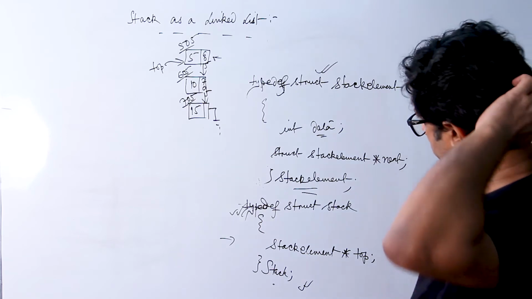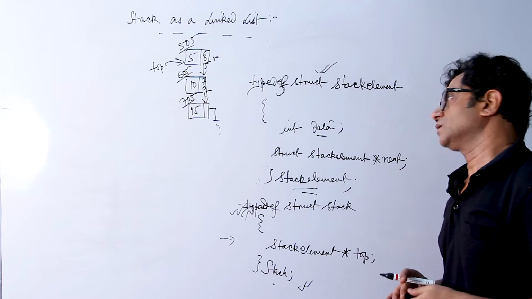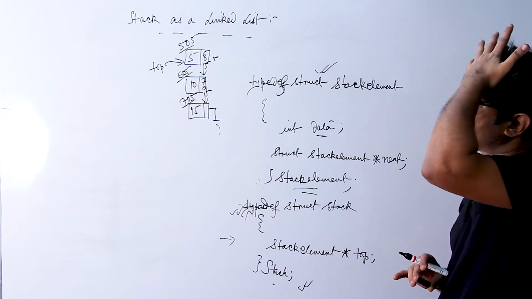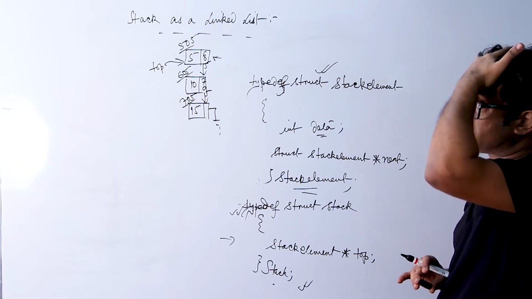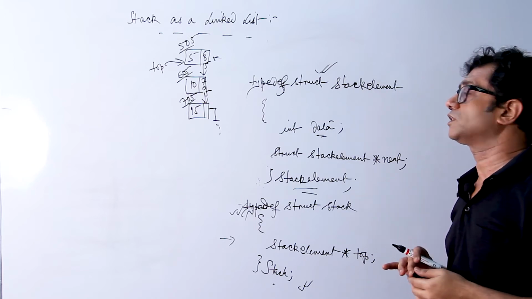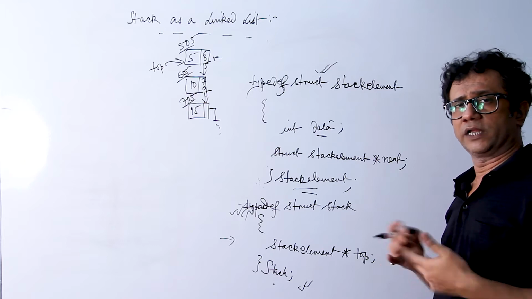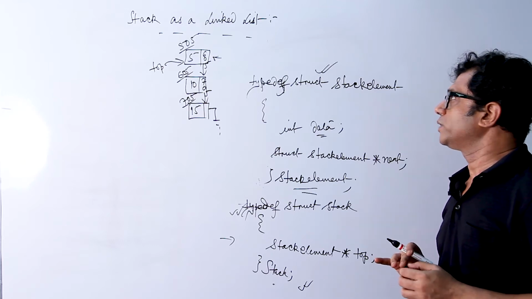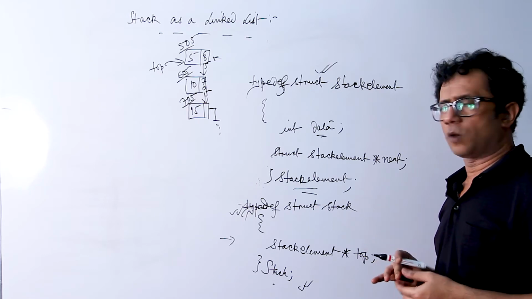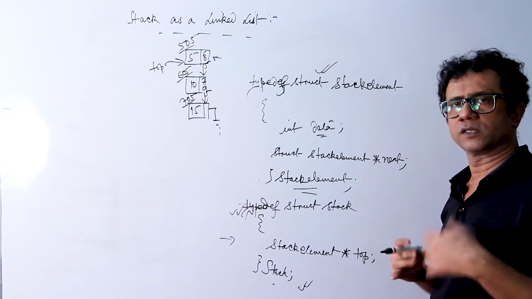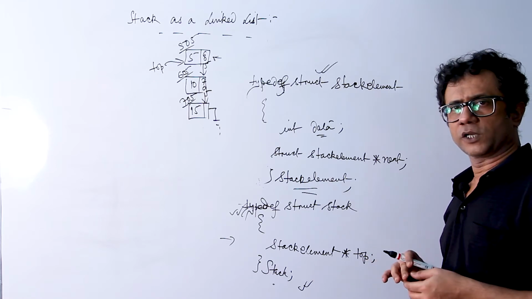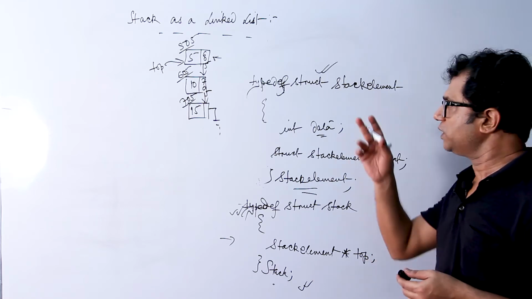The pop operation can be a successful operation as well as a failure operation, because if the stack were empty, there would be nothing to delete or to pop from the stack. So in that case we are going to encounter a failure operation. In that case we are going to return 0, and we are going to return 1 for a successful operation if there is at least one node in the stack.